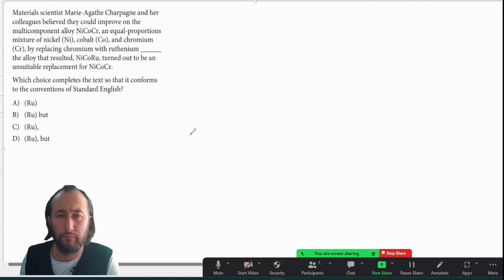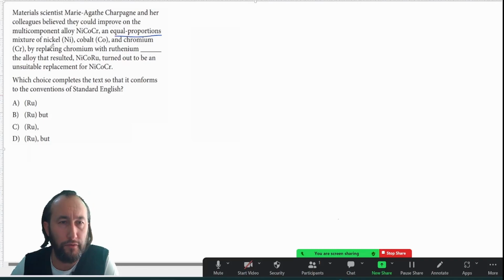Okay, so we got here the equal proportions. That means like 33.33% each metal.